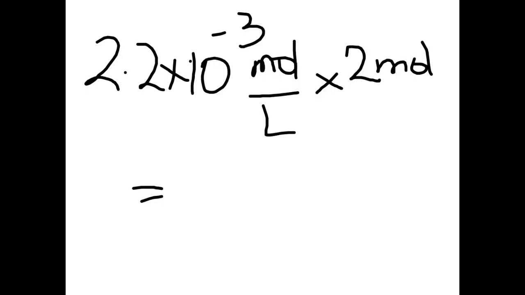So you're going to end up with 2 moles of particles. Right, everyone? And don't forget your liters, since it stands for moles per liter. So you're going to end up multiplying your molarity by the number of particles. Do we get that? 2 moles of particles.